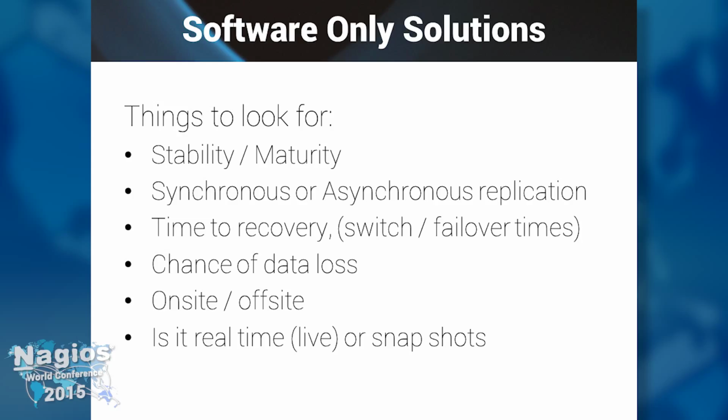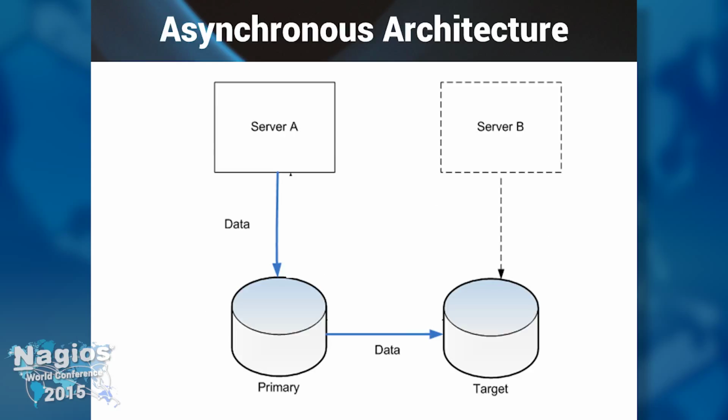I really wanted to recap one of these things, which is asynchronous. Asynchronous means data comes in, it goes to one machine, and it's pushed to the other one. There's no confirmation going on there with the I/O. What we do with DRBD is fully synchronous when you're using it locally.